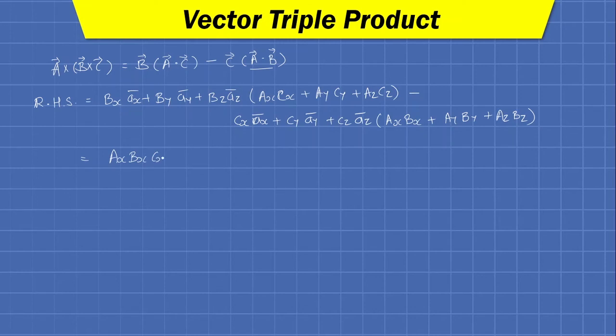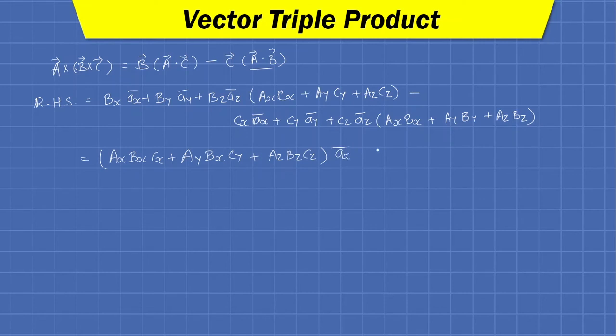AX BX CX plus AX AY... We will try to keep the sequence of A, B and C so that we should not worry about the final result.